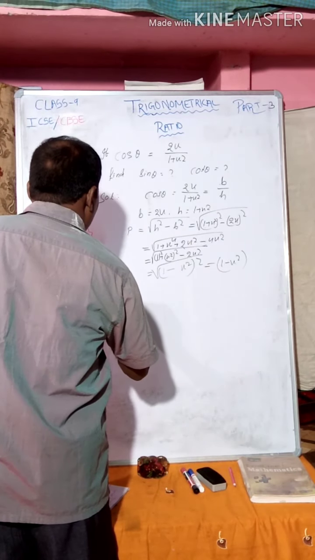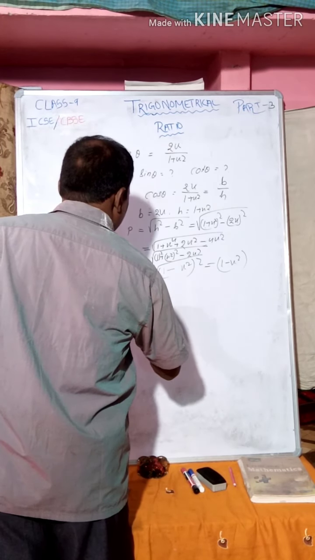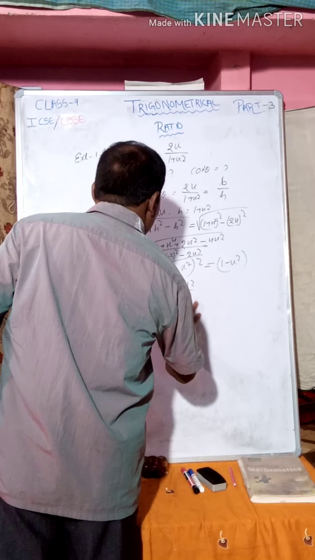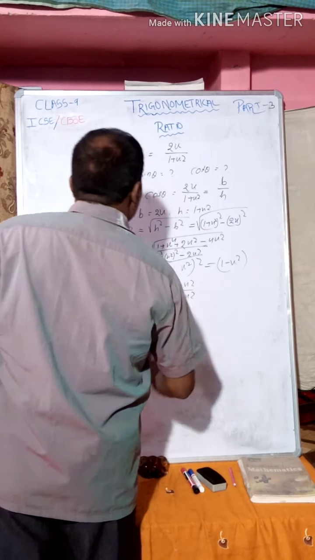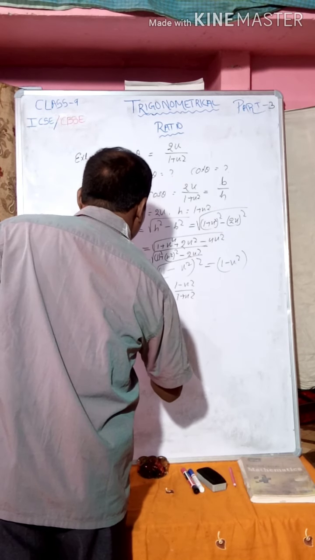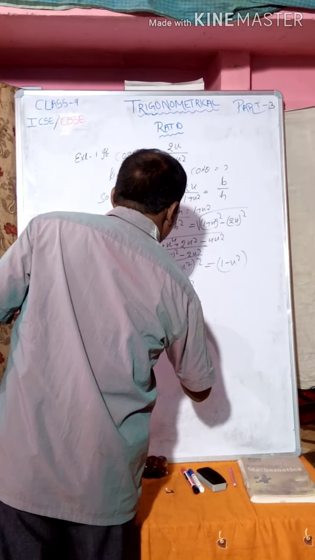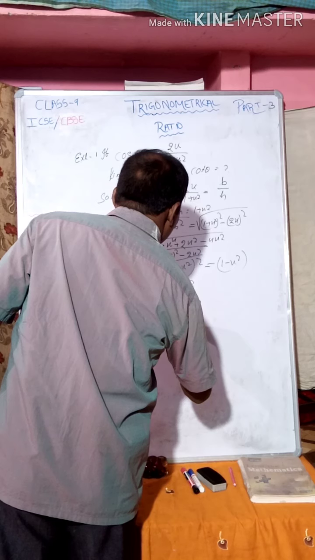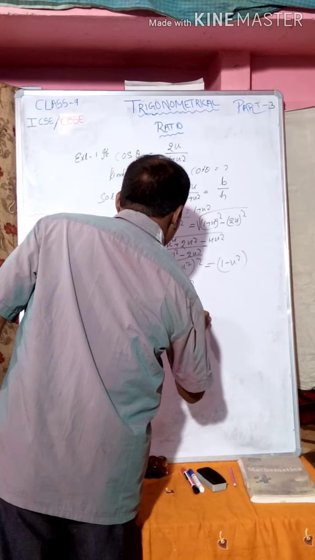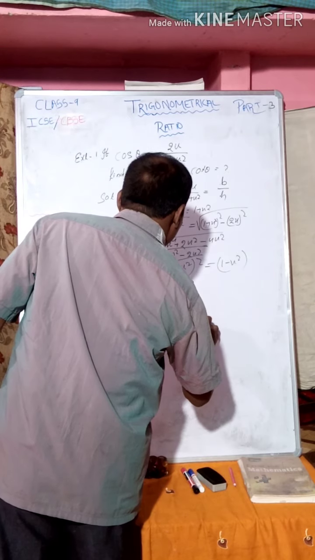So sin theta is equal to p by h, that is equal to 1 minus x square upon 1 plus x square, and cot theta is equal to b by p, that is equal to 2x upon 1 minus x square.